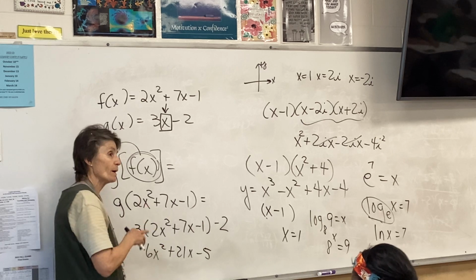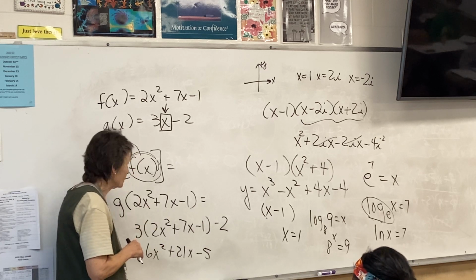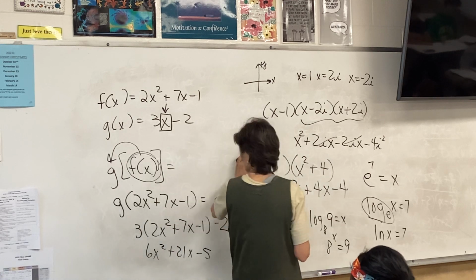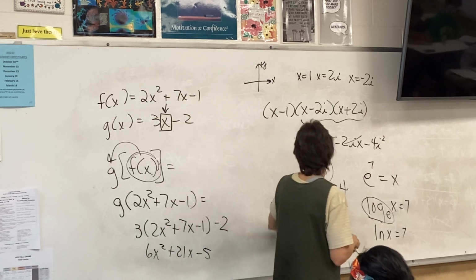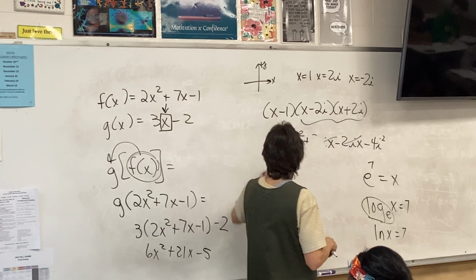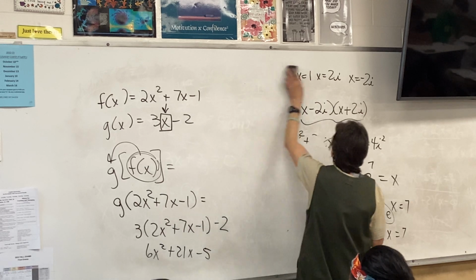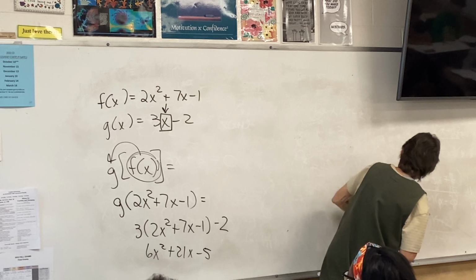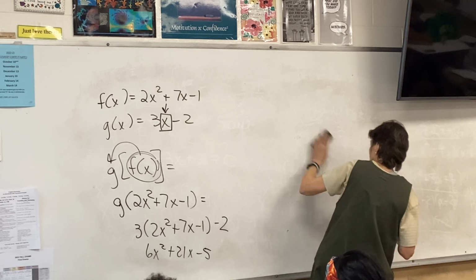So if it were the other way around, which was the second part of that, if it said find f of g of x, that means that you plug g into f.